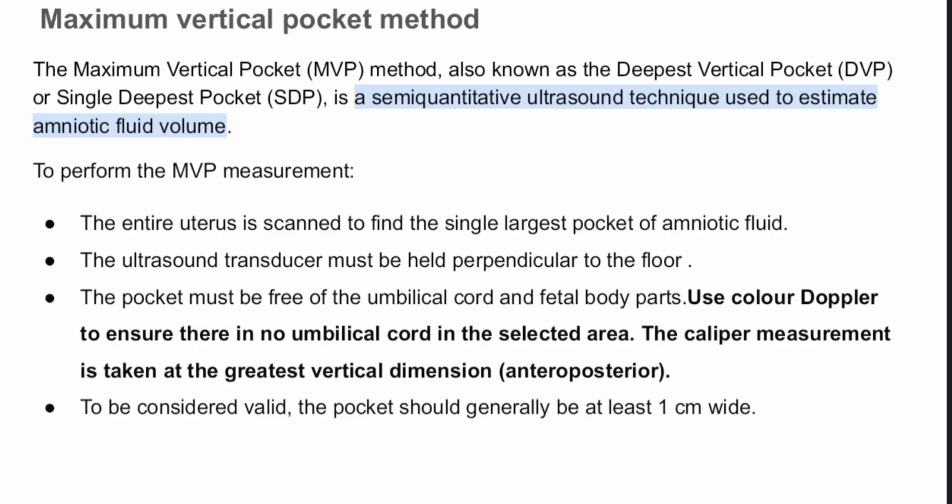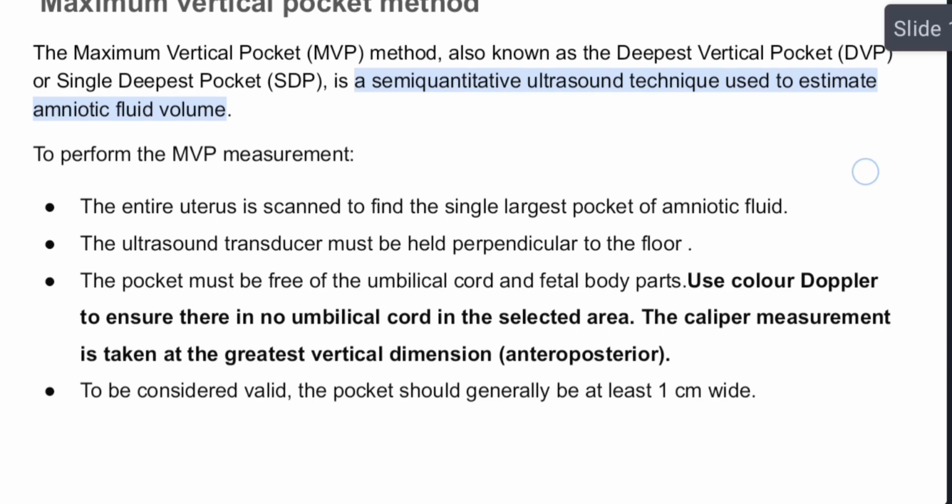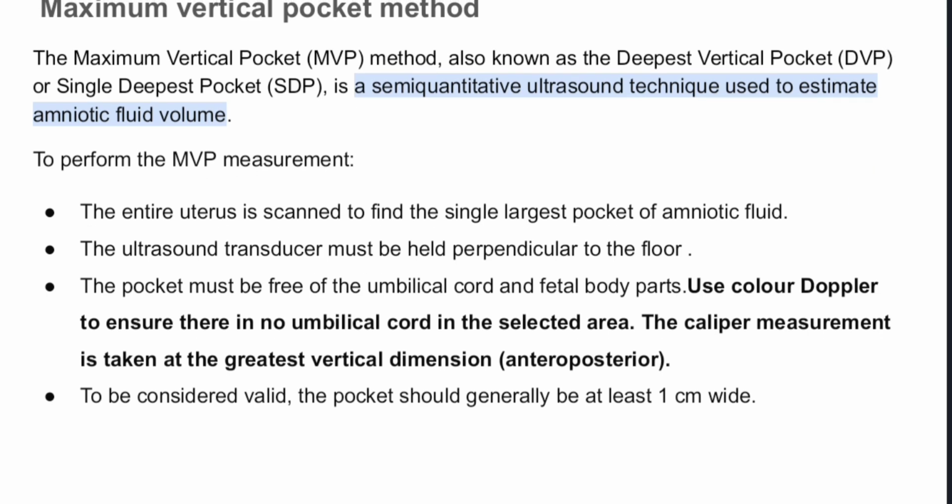The ultrasound transducer must be held perpendicular to the floor. When you've selected the largest pocket, you activate your color Doppler if it's available to be sure that there is no cord in that space, and you also make sure that there is no fetal part in that area. Then, with your caliper, you measure the largest pocket. You make a vertical measurement of it.